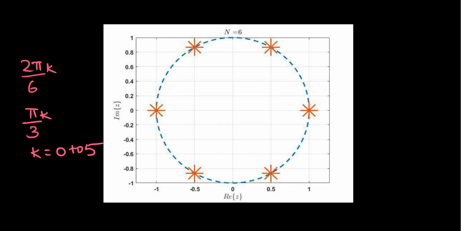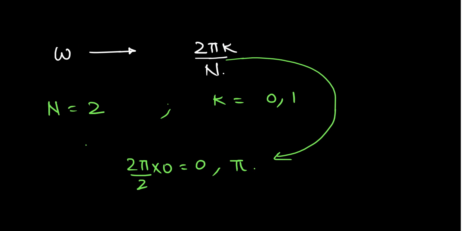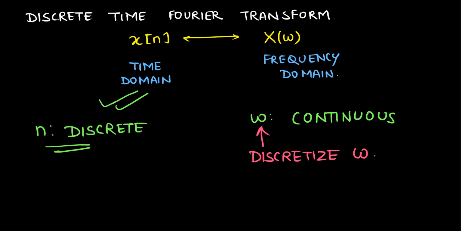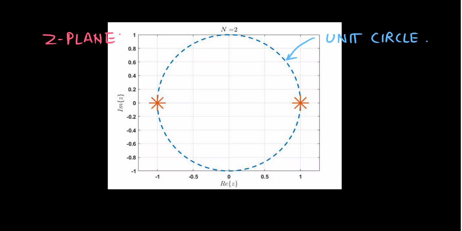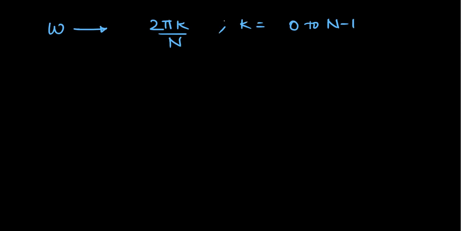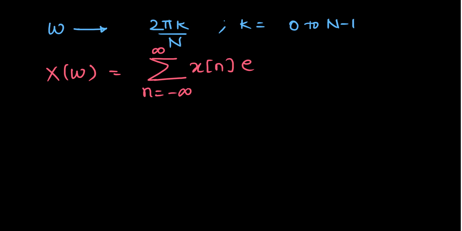So if we substitute this value in the analysis equation, what we have is the analysis equation as x of omega equal to summation n running from minus infinity to infinity x of n into e to the power minus j omega n.